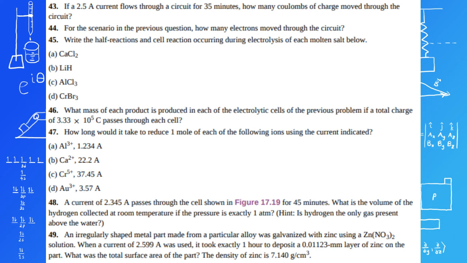And then once you've got your grams of zinc, you can use the density, 7.140 grams per cubic centimeter, to get the volume in cubic centimeters. And volume is going to equal the area of the base times the height, or in this case, the surface area times the thickness, in other words.